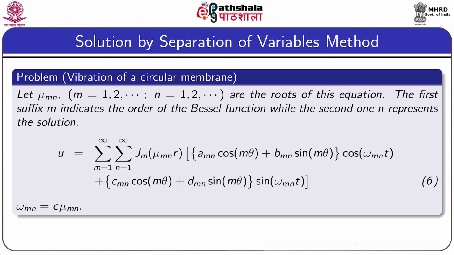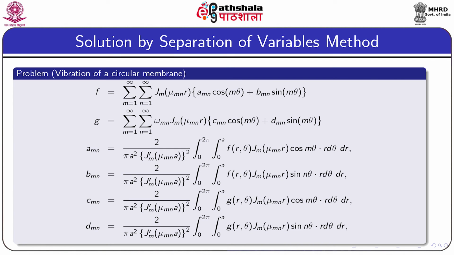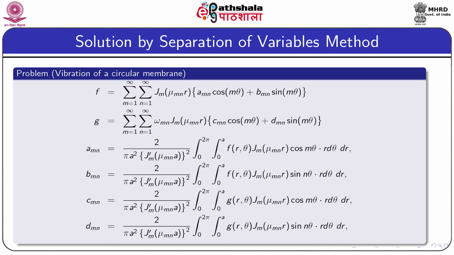Now, in the general solution, if we apply the initial condition del u del t equal to g at time t equal to 0, we obtain another expression: g equals the sum over m, sum over n of omega mn J m mu mn r into (c mn cos m theta plus d mn sin m theta).